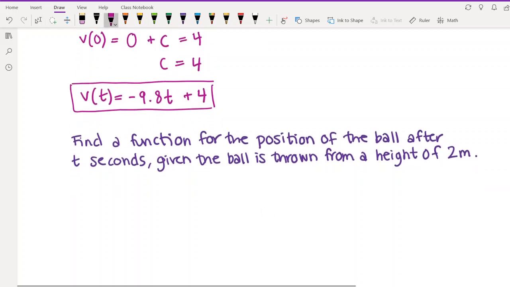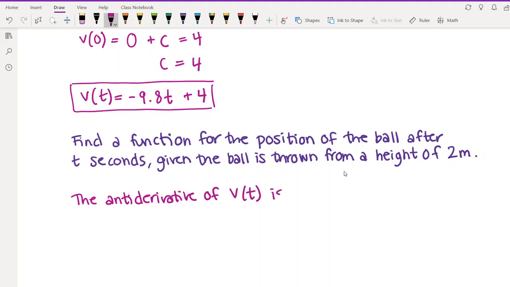Well, we basically just take our velocity function and we take the antiderivative. So the antiderivative of v of t is going to give us s of t, or maybe let's call it h because it's height in this case. So that will be our position function.